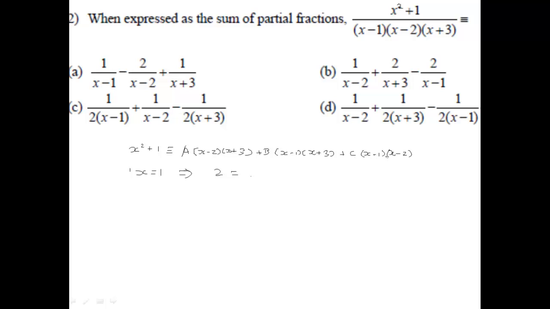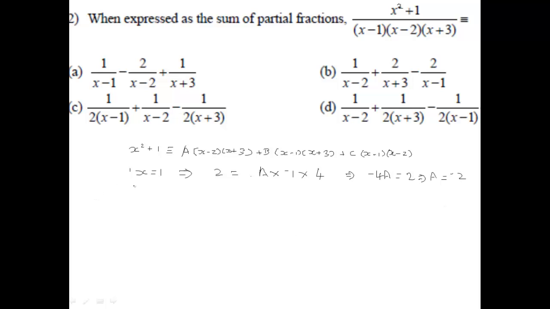C will be zeroed out because this bracket's 0. So we'll only be left with A times 1 minus 2, minus 1, times 1 plus 3, 4, which gives us minus 4A equal to 2, which implies that A equals minus 2.